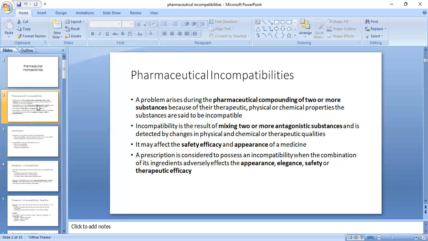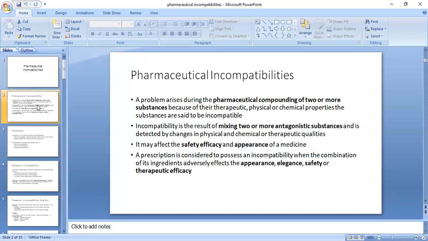A prescription is considered to possess an incompatibility when the combination of its ingredients adversely affects the appearance, elegance, safety, or therapeutic efficacy.